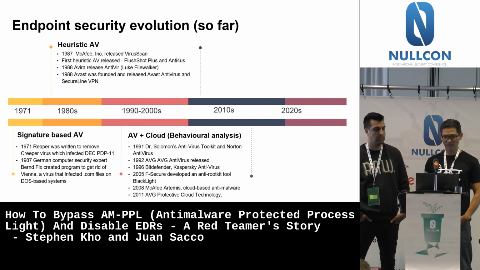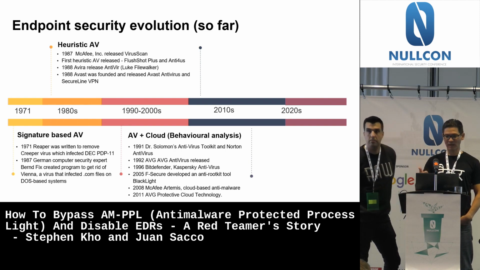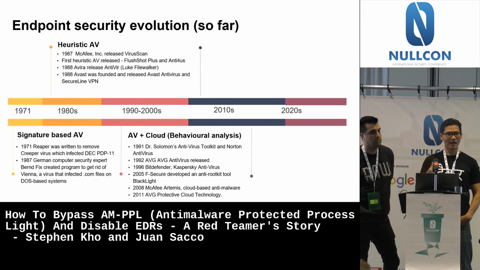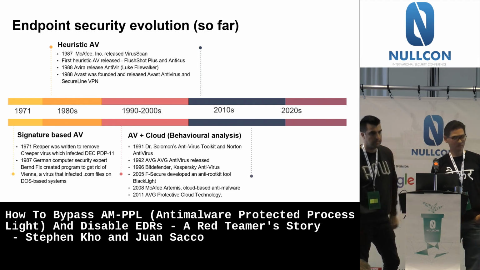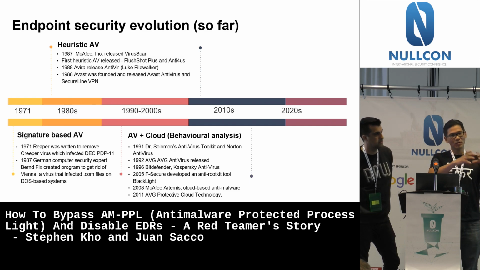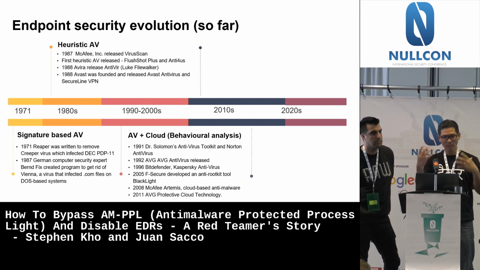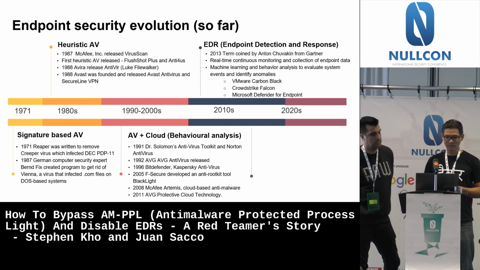Then in 2005, F-Secure released the Blacklight anti-rootkit tool, and then McAfee in the late 2000s released the cloud-based anti-malware Artemis, and AVG also came up with cloud technology. So we're now starting to see beyond just heuristics, with endpoints talking to the cloud providers to get better behavioral analysis, because the bandwidth starts to get better, and we can do cloud analysis.